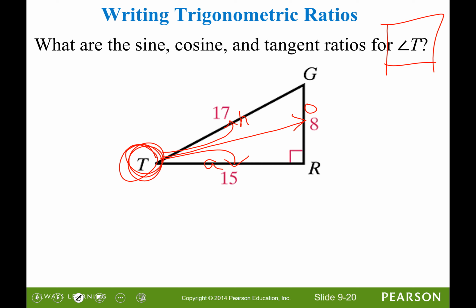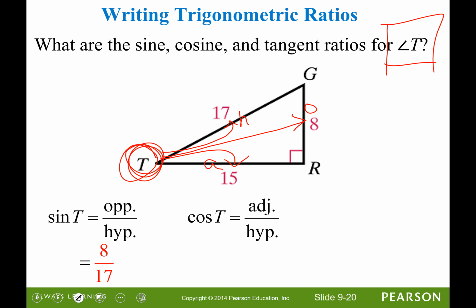All right, so our first trigonometric ratio is sine of angle T is equivalent to opposite over hypotenuse. Opposite is 8, hypotenuse is 17. So sine of T is equivalent to 8 over 17. Next one, cosine of angle T is equal to adjacent over hypotenuse.